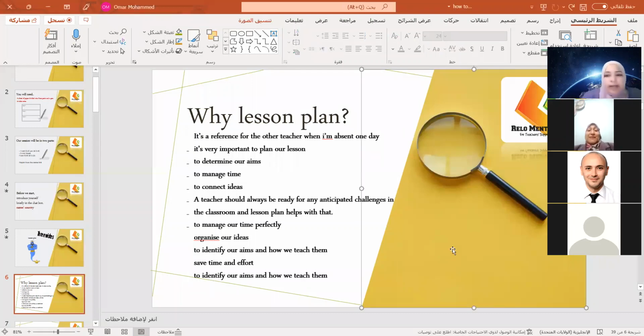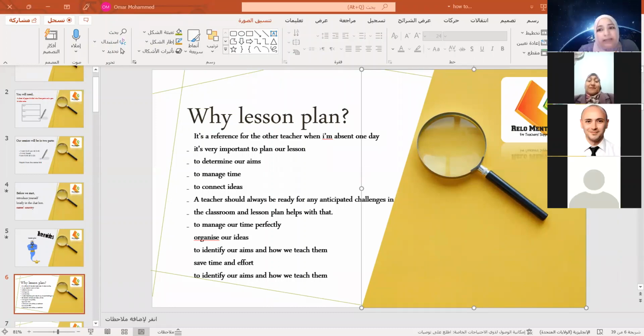Okay, so let's go through what you have written in the chat box. So why a lesson plan? It's a reference. I like this word very much. I always think of my lesson plan as my notes, the teacher notes. It's a reference for another teacher when I'm absent, or for me when I forget something.